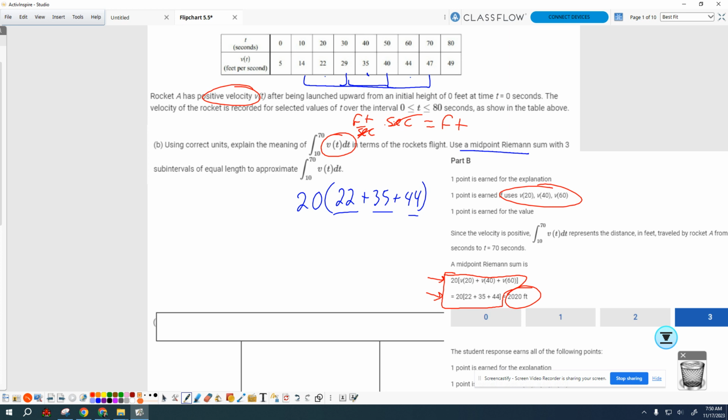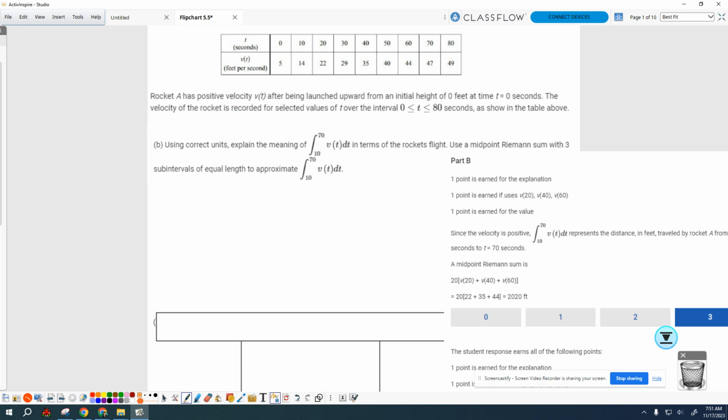But there's something else on the Delta Math that is this thing of interpret the units, and they are generally a royal pain. And when they ask you to interpret the meaning, in the context of the question, what's going on, they want some kind of noun. What is this? The rocket traveled some distance.